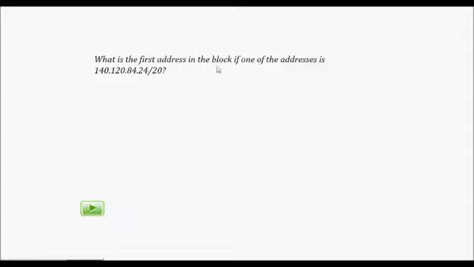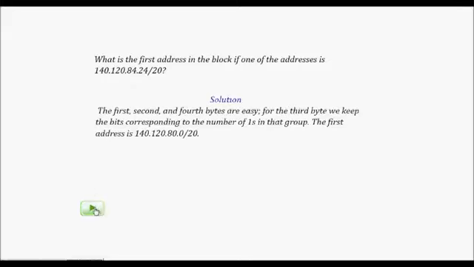What is the first address in the block if one of the addresses is this? Now the prefix is 20 bits. So you find the binary representation of this and then make the last 12 bits 0, and keep the rest of the bits. So the first, second and third bytes are easy.